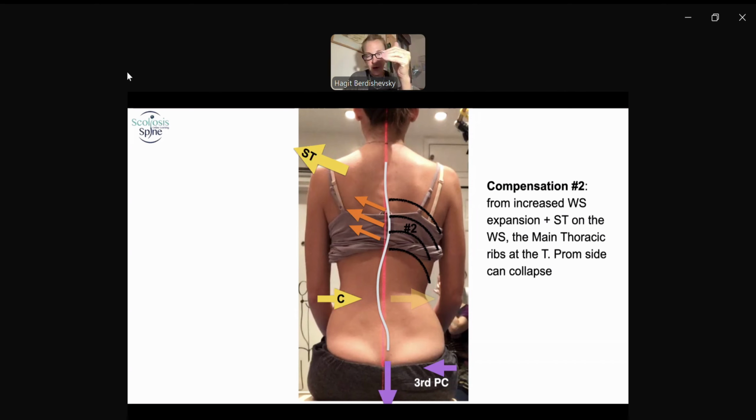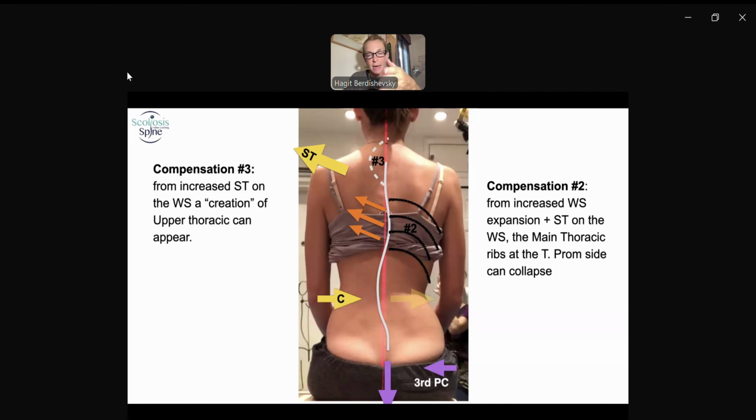The ribs will fall down. There will be like maybe a creation of a banana to the left. I didn't paint it. And we may see the upper thoracic coming up. Same as before.